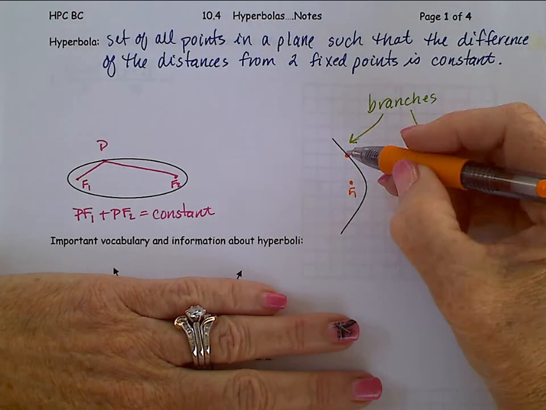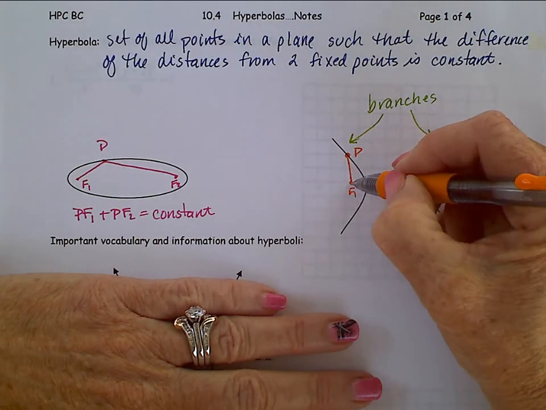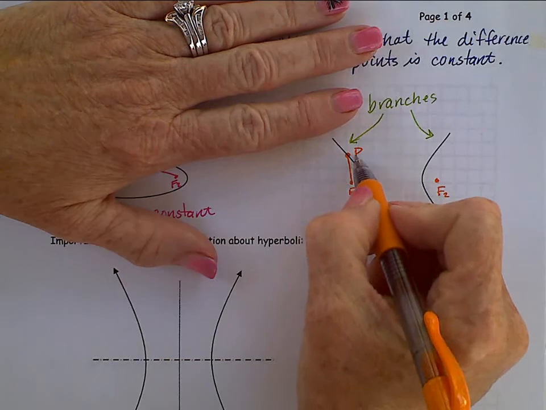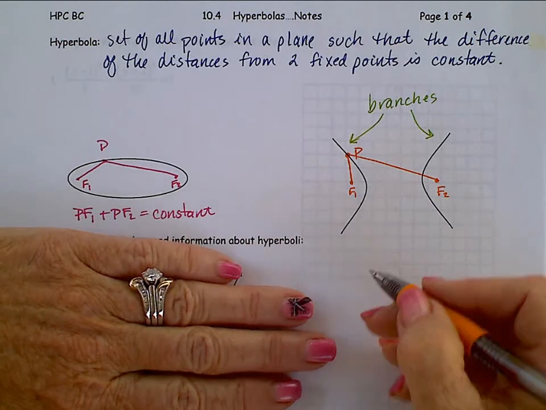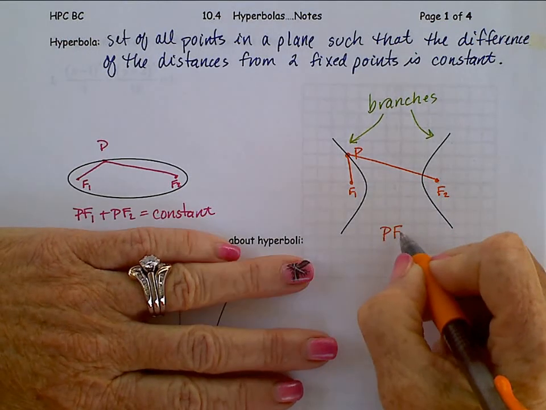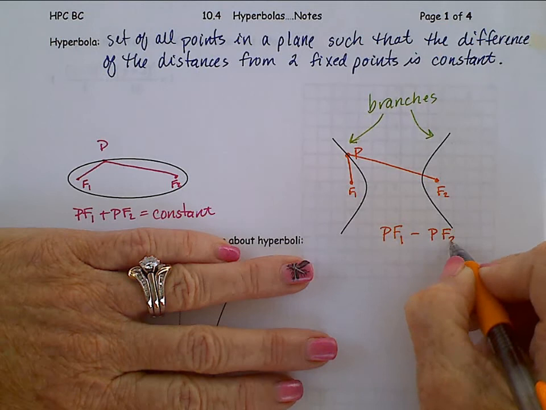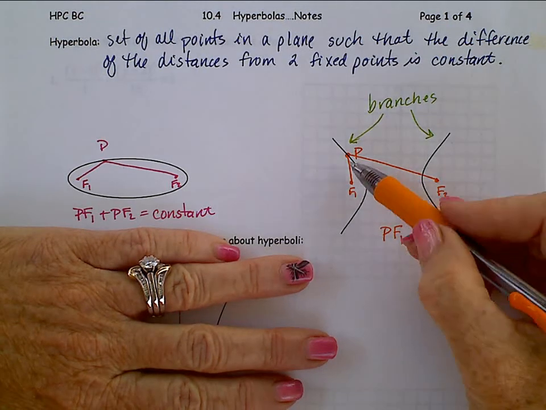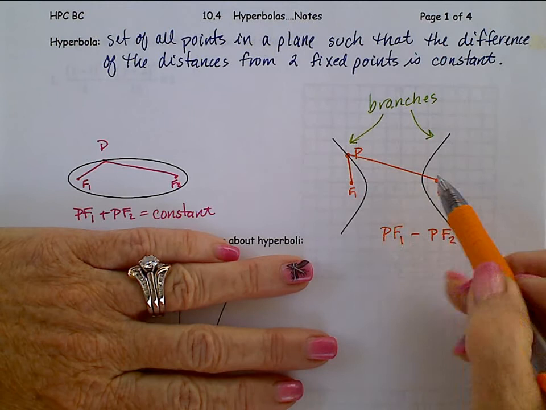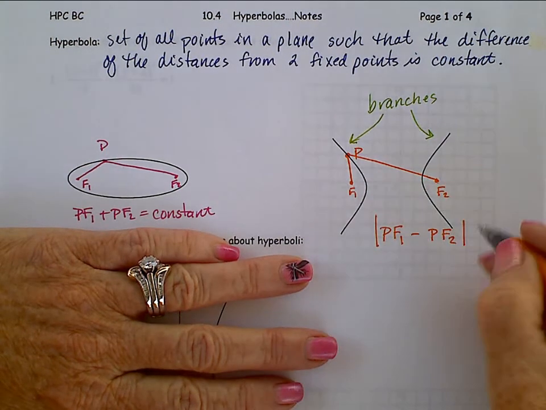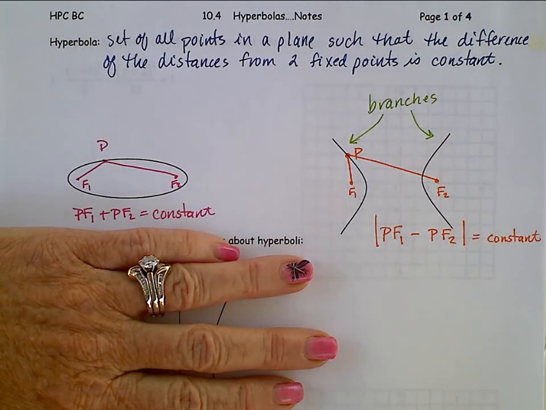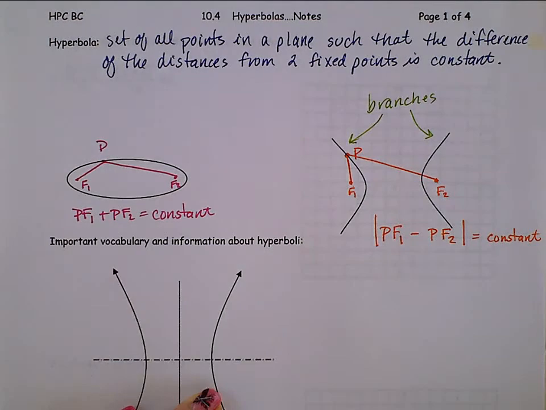If we find the distance from P to F1 and the distance from P to F2 and subtract them, P to F1 minus P to F2. Now clearly P to F1 is shorter than P to F2, so we need to turn that difference in those distances positive. So the absolute value here, that's constant for each hyperbola. Visually, that's the main difference between them.